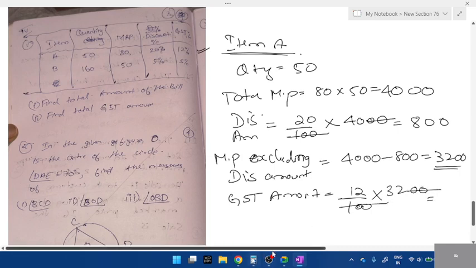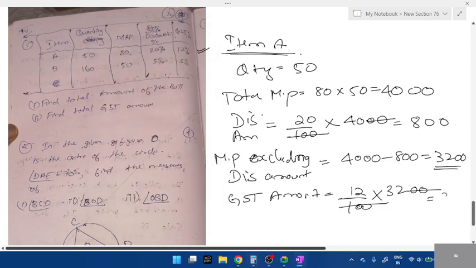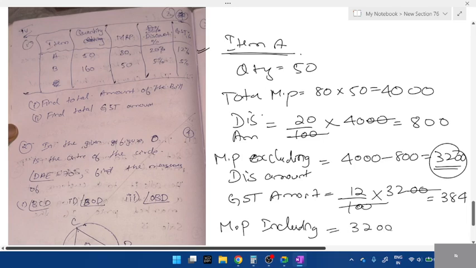What is the GST amount? 384. So what is the total mark price, students? Now write mark price including GST. You're supposed to take 3,200 including GST. You should add it.